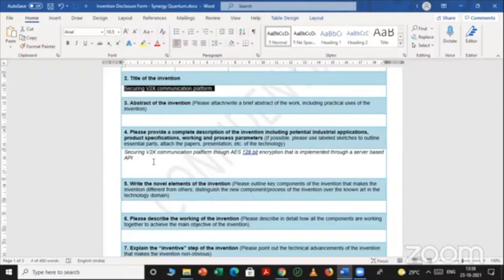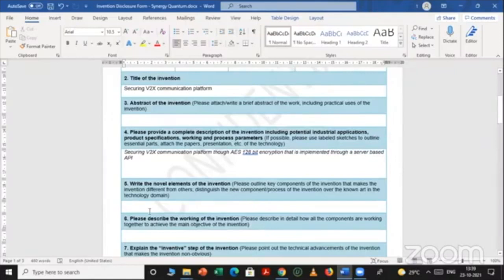So the novelty lies in the algorithm or the pseudocode, or in that API which is implementing that algorithm. And the entire objective is to provide secure communication, so that in vehicular communication, the vehicles can communicate with each other in a more secure manner. So the novelty portion is very important.